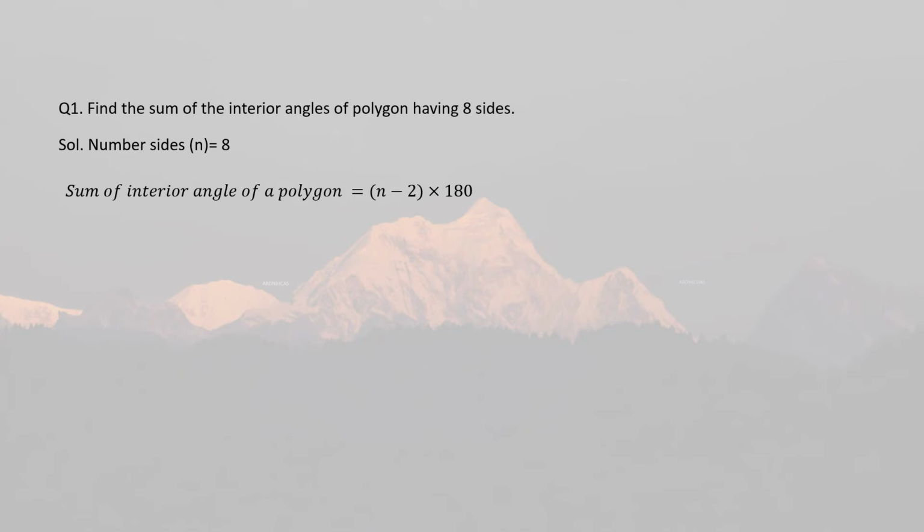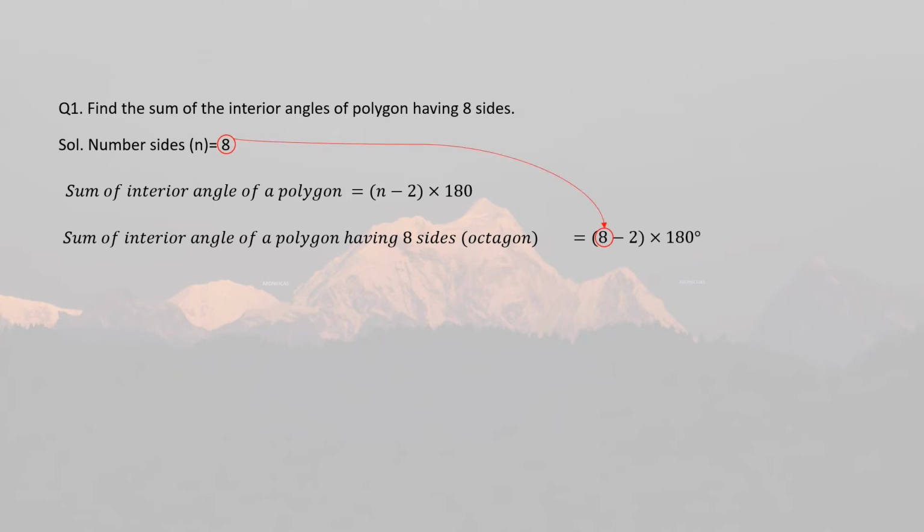So the sum of interior angles of a polygon having 8 sides, which is also called an octagon, is equal to (8 minus 2) times 180 degrees, because the number of sides is 8. So 8 minus 2 is 6, times 180 degrees, and when we multiply 6 and 180, we get 1080 degrees. So the total angle of an octagon is 1080 degrees.